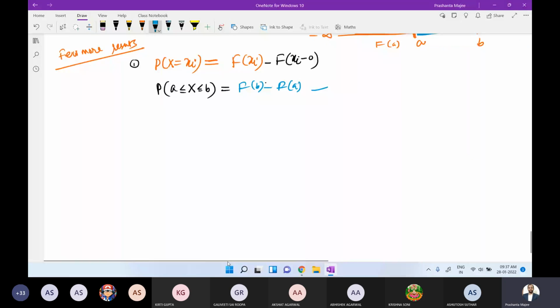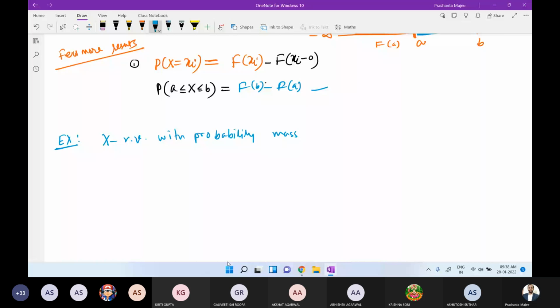Example. So X is a random variable with probability mass function F of x equals k into 2x minus 1. What are the possible values of x? x equals 1, 2, 3 up to 12.